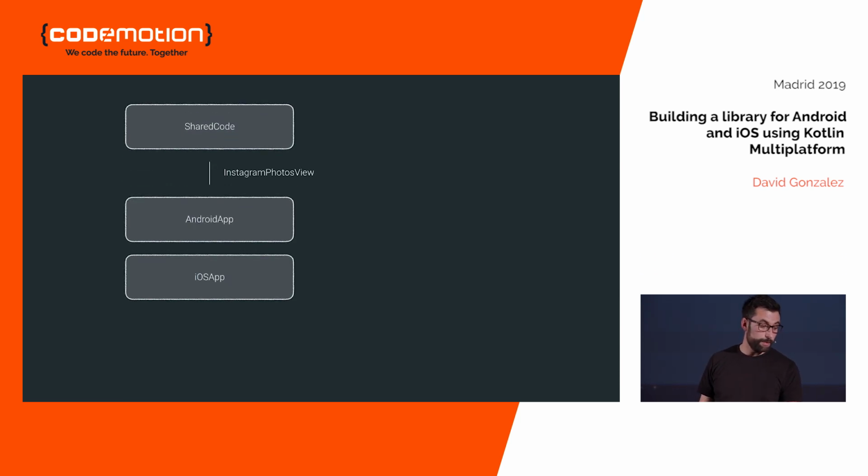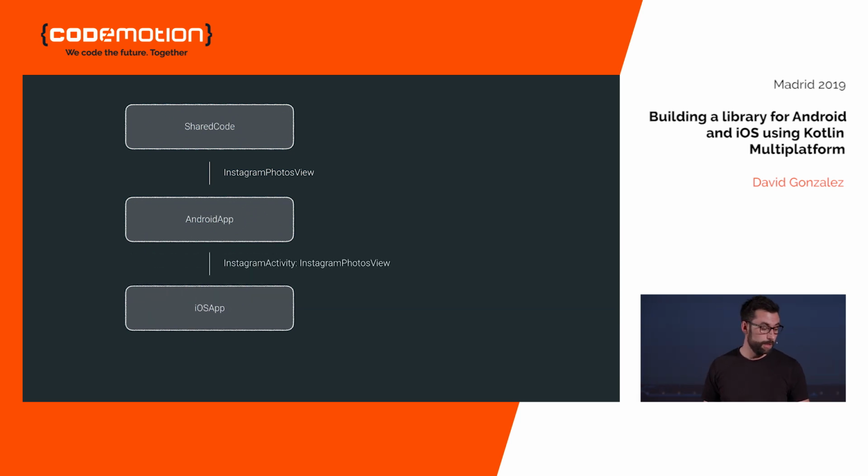So this is something that will be defined in the common module of the library. This is where the presenter goes. In the shared code, in your library, you can define the actual view interface. So you would have a view interface in the shared module, and then you would implement that view interface in your Android app, and in your iOS world, in your controller, you will also implement the same interface.